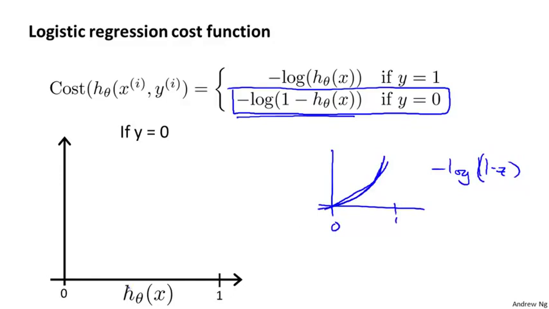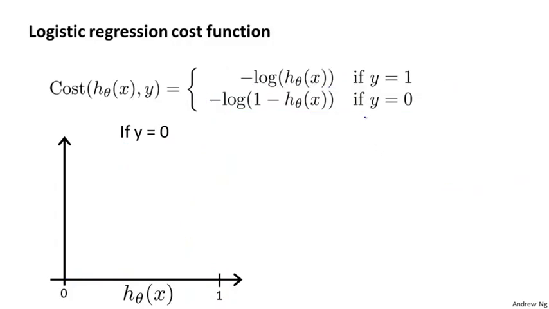And if you plot the cost function for the case of y equals 0, you find that it looks like this. And what this curve does is it blows up and goes to plus infinity as h of x goes to 1, because it's saying that if y turns out to be equal to 0, but we predicted that y is equal to 1 with almost certainty, with probability 1, then we end up paying a very large cost.